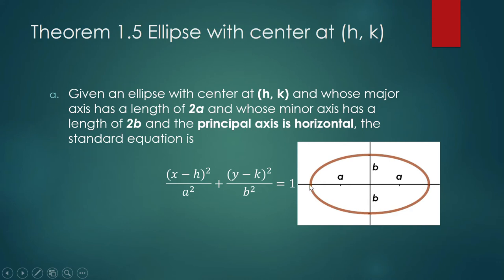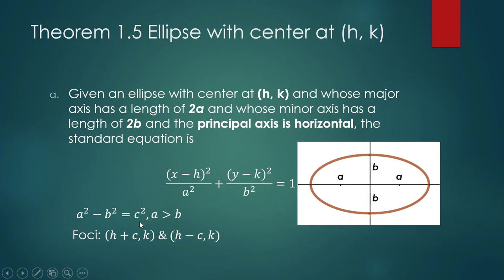And with the 4 points available, the vertices and endpoints of the minor axis, we shall trace an ellipse. Although I'm telling you right away that in other exercises, we shall need to produce the latus rectum.